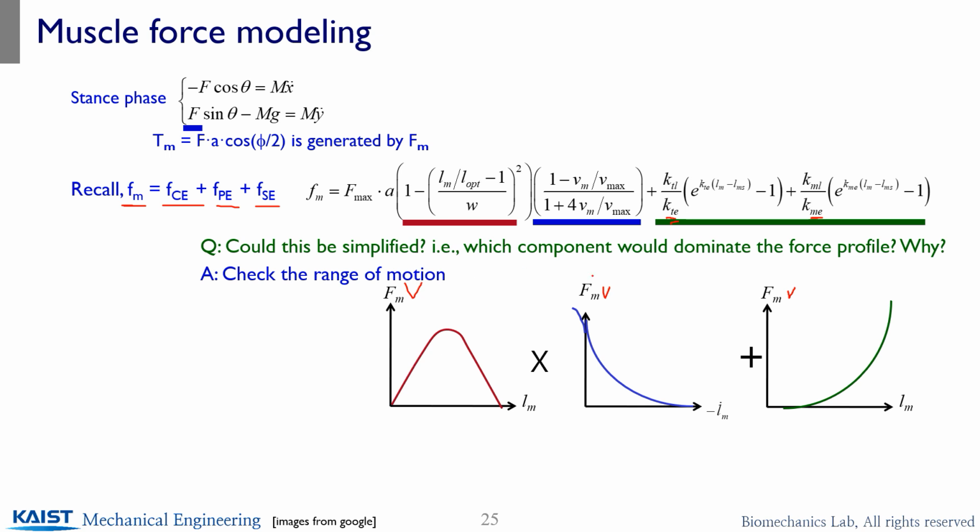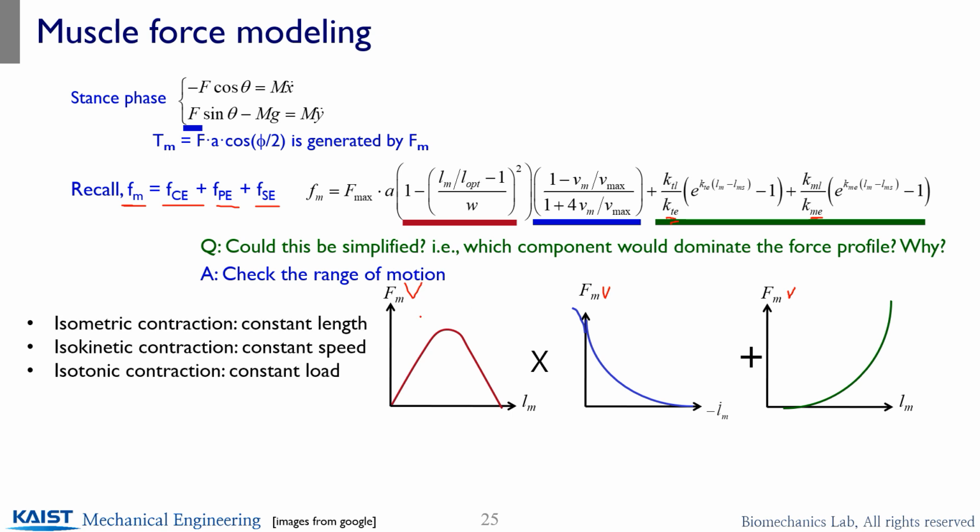Which muscle behavior contributes most? Which muscle component will dominate first? I always recommend you try the simplified model first, so that you can get more insight about the physics, and then if it doesn't work, you can make it one step more complicated, more and more.